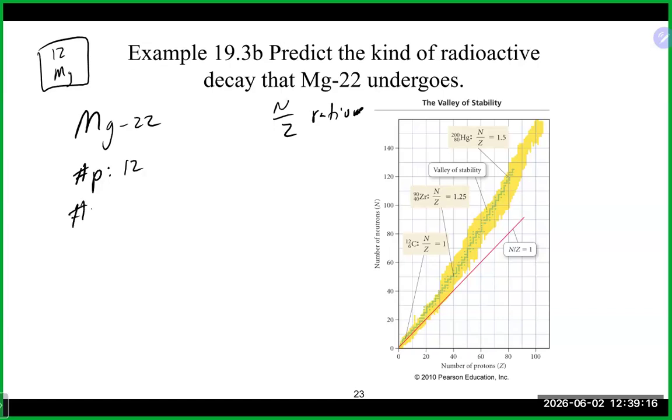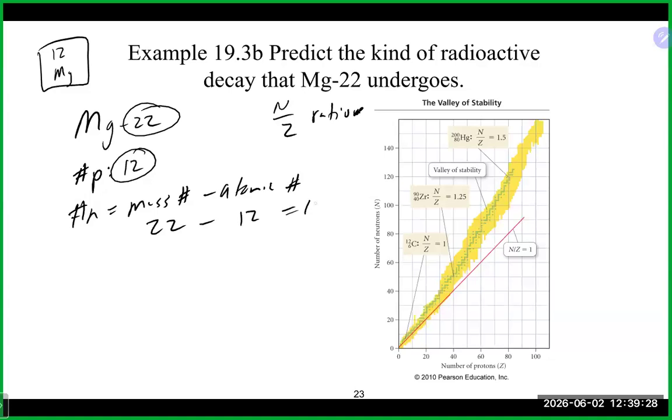The number of neutrons is the mass number minus the atomic number. So in this case, the mass number is 22 minus our atomic number, which is 12. That gives us 10 neutrons. So if we calculate our N to Z ratio, we take 10 divided by 12, and that gets us 0.8333.